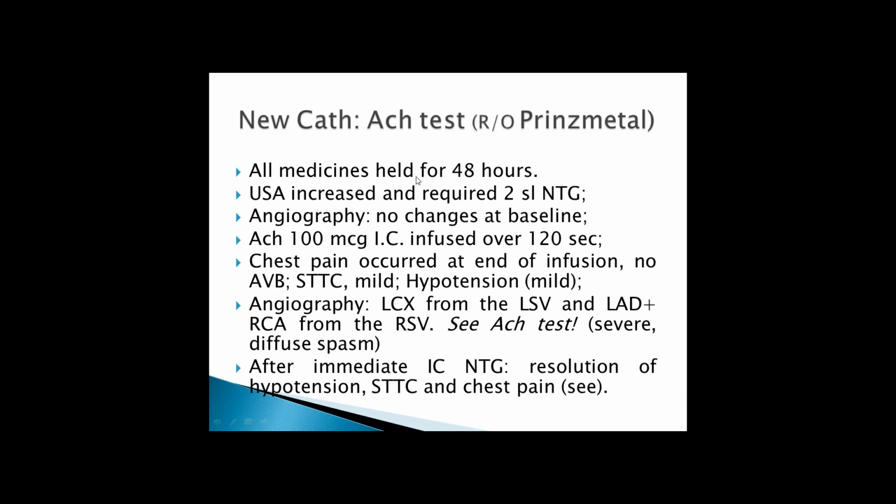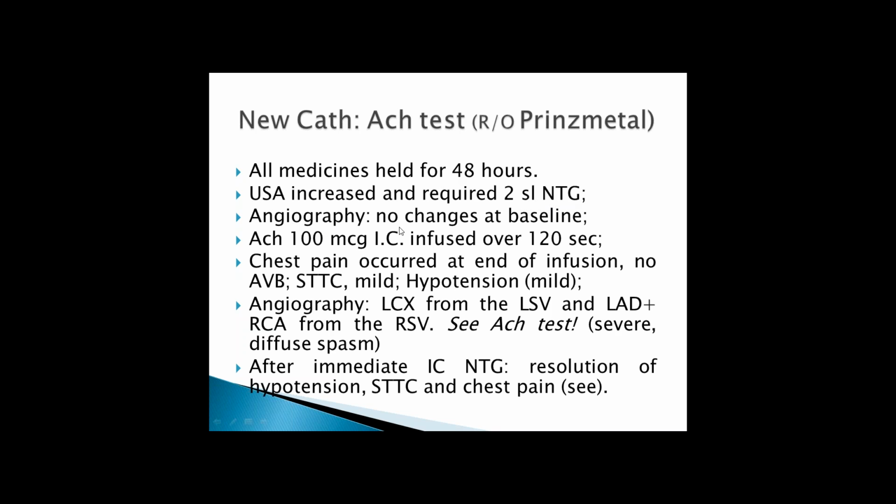In this patient, we suspended all vasodilators and beta blockers for 48 hours. During this period, the patient had increased events of unstable angina, and required on 2 occasions sublingual nitroglycerin to resolve the symptoms, so consistent with the presence of spasm.